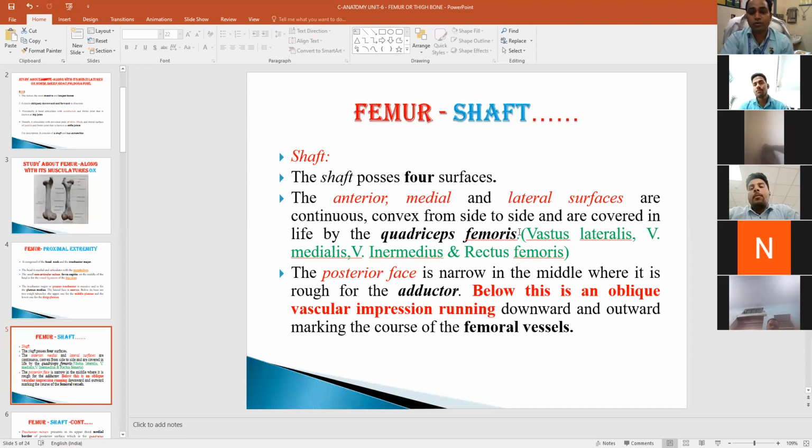Out of four, three originate from the vastus: the vastus lateralis, vastus medialis, and vastus intermedius. Next is the rectus femoris. The posterior surface is for the attachment of the adductor muscles, and below that there is a groove for the running of important vessels, known as the femoral vessels, in the form of a sharp linear structure.